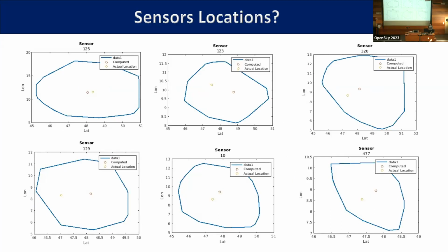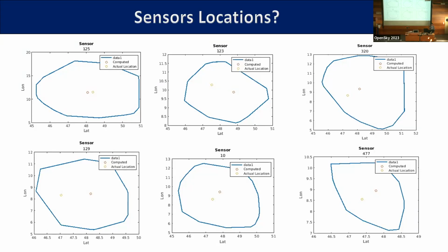Plus, because the location information is very sensitive, we try to see how we could predict the location of a sensor first, and then compare it with the original one. From these images, we can see the predicted location and the computed one, the actual location of the sensor from ADS-B. Some of them are close, some of them are far away.